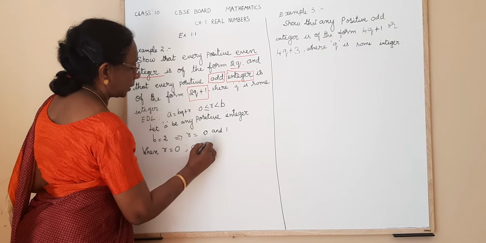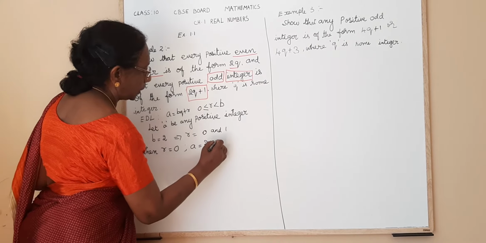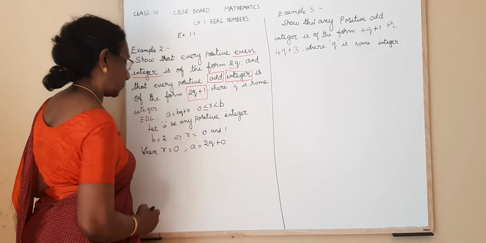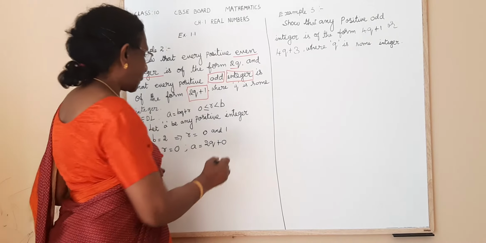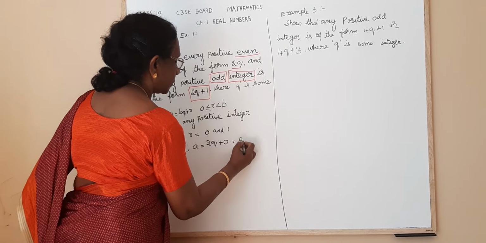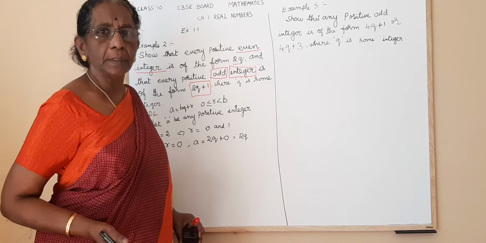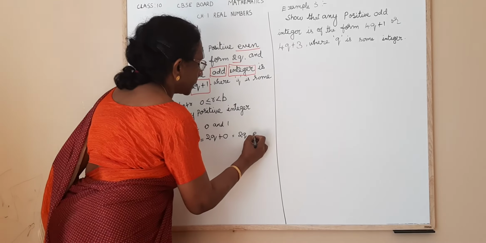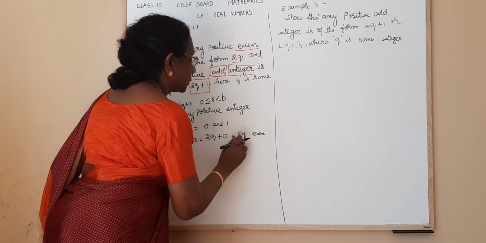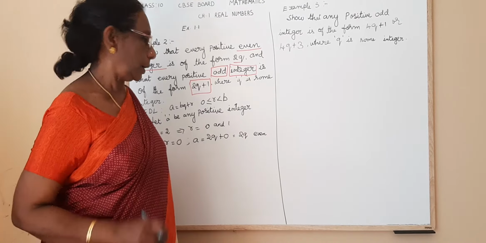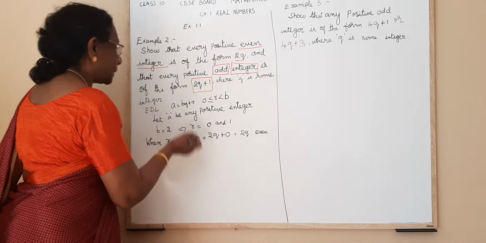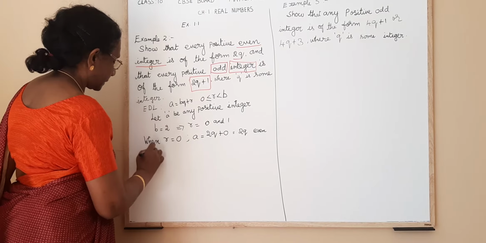A is BQ plus R, that is 2Q plus 0, which is 2Q. It is a multiple of 2. All multiples of 2 are even numbers. So 2Q is even.